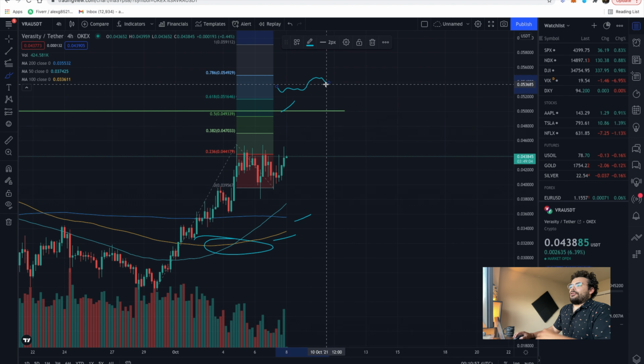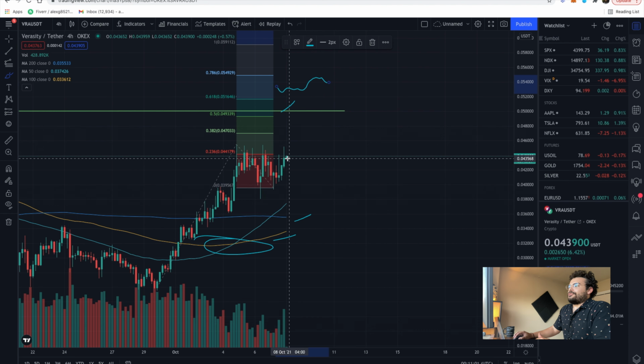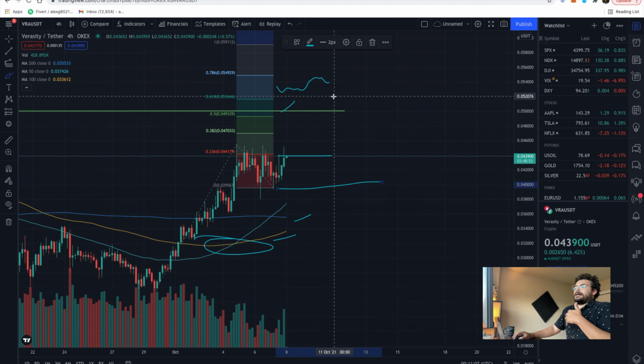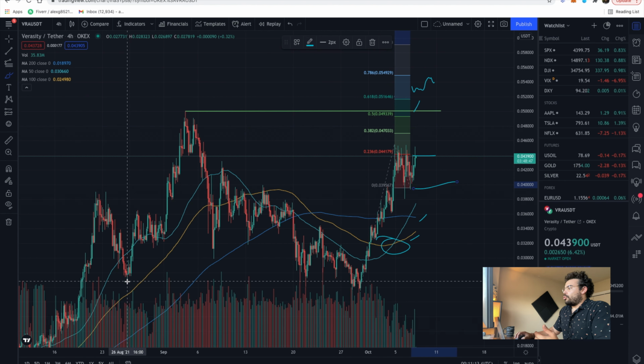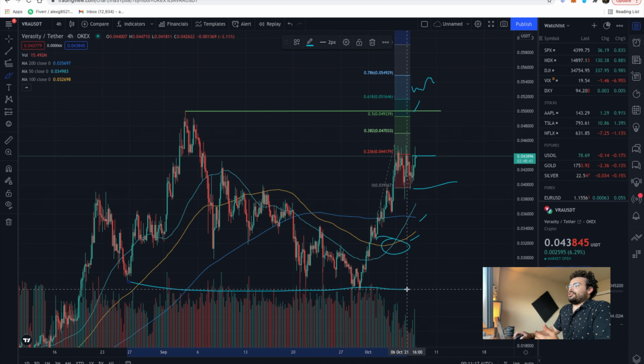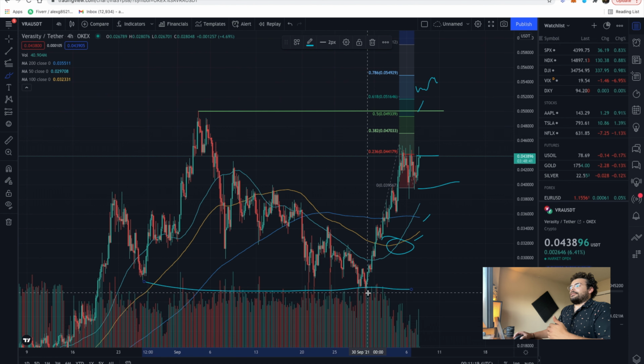And then for the health of the chart, I do think we may come back and test either this 4.4 level or this straight up 4-cent level, because the chart needs to establish another set of support levels. Before that it was 0.026, 0.027 cents right here. But for the health of the chart, we need to find a new support higher up to continue going to the upside.